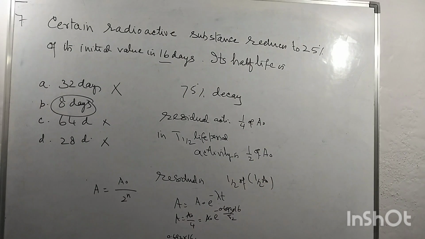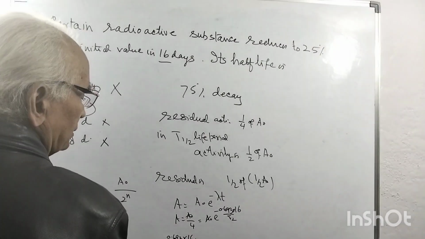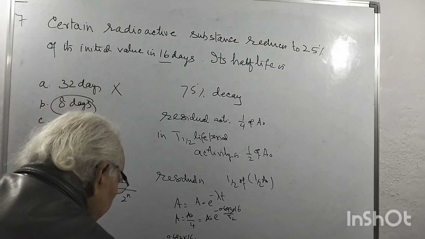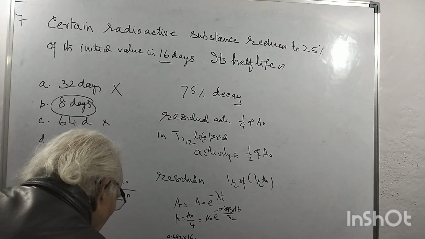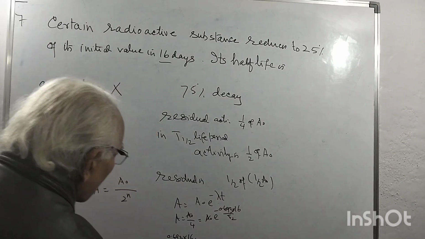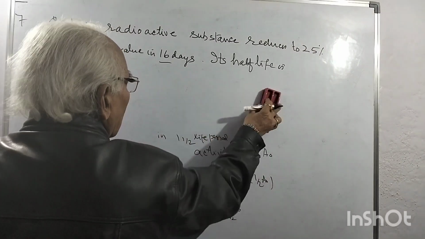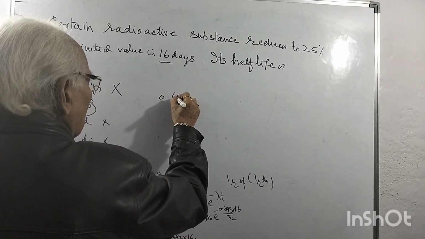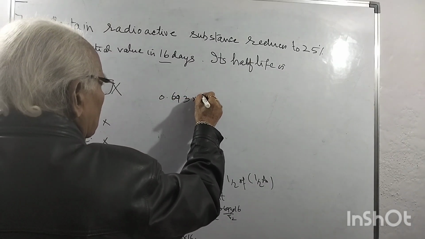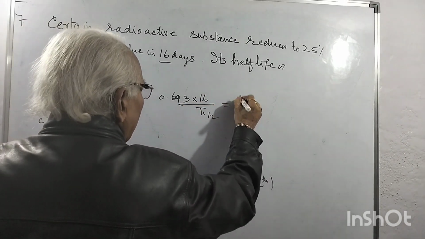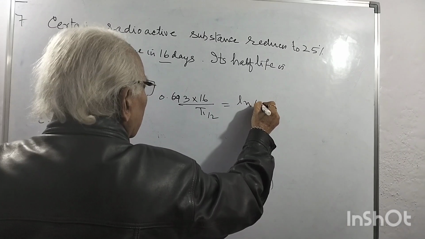With the help of an exponential table or your calculator, take the natural log: 0.693 into 16 divided by t half is equal to ln of 4.